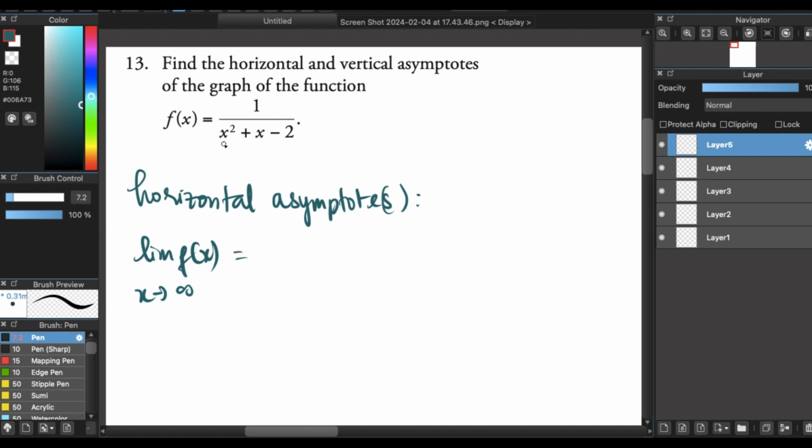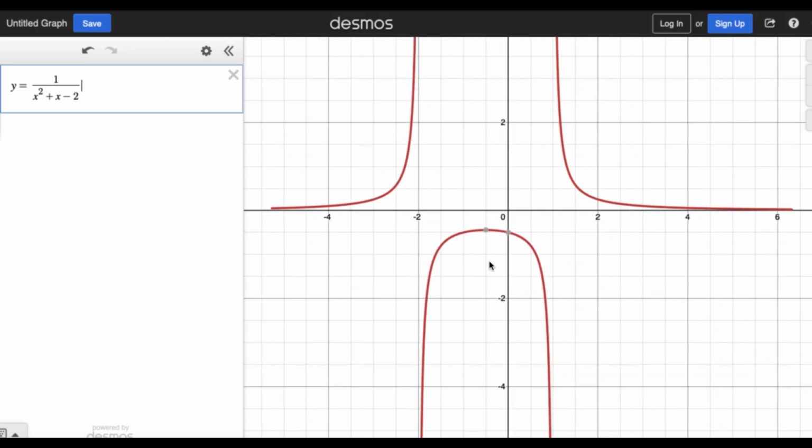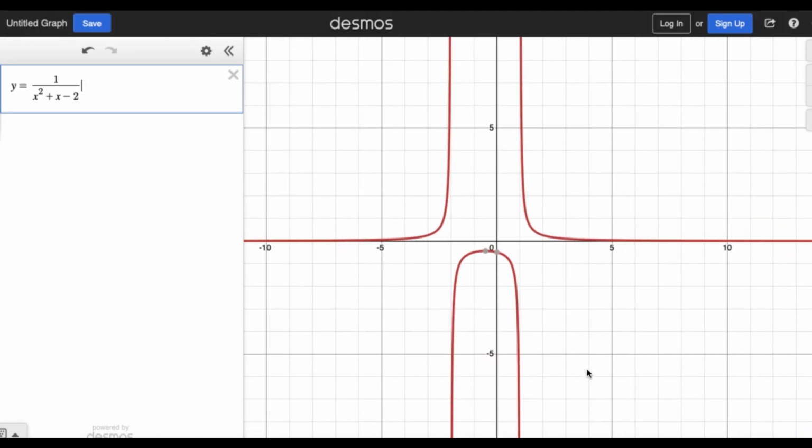The whole denominator is going to be close to infinity, so the limit is equal to 0. So we have the horizontal asymptote y equal to 0. That's our horizontal asymptote, and it is evident when you look at the graph.